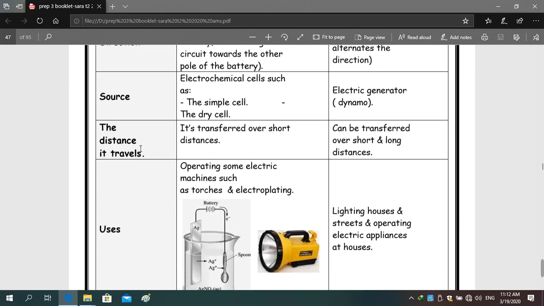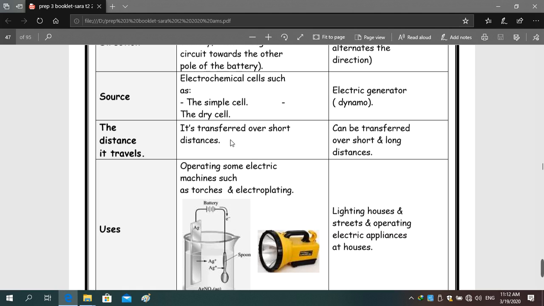The distance that the direct current travels: it can transfer over short distances only. As we know, the small batteries are applied in the remote control or small devices, not in large devices like a refrigerator, air conditioner or TV.